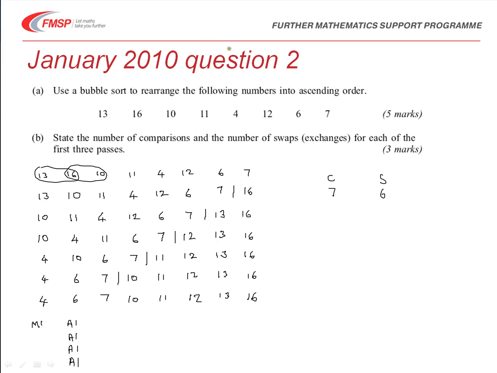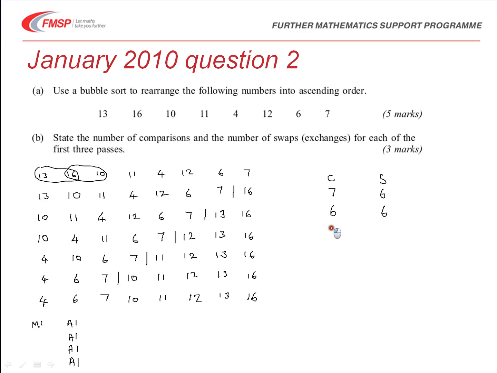The second time through, the number of comparisons will decrease by 1 each time, so that decreases to 6. So there was a swap on the first one, a swap on the second and the third and the fourth and the fifth and the sixth. So there were 6 swaps again, even though there were only 6 comparisons.